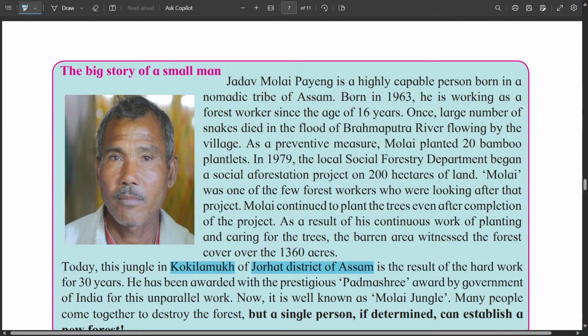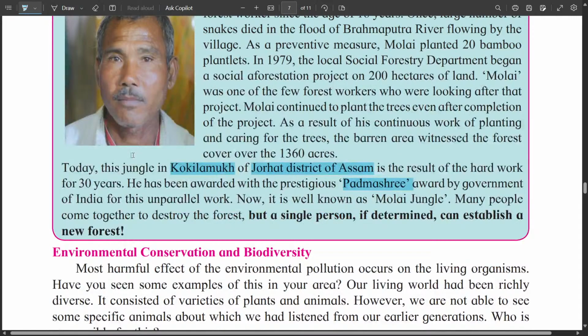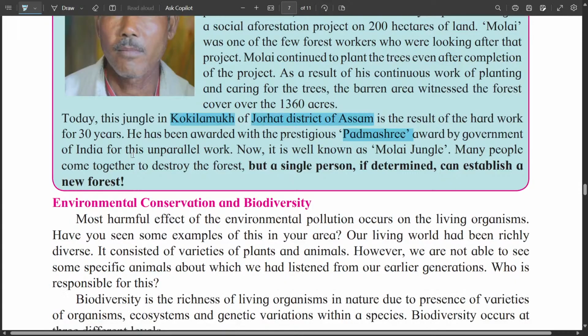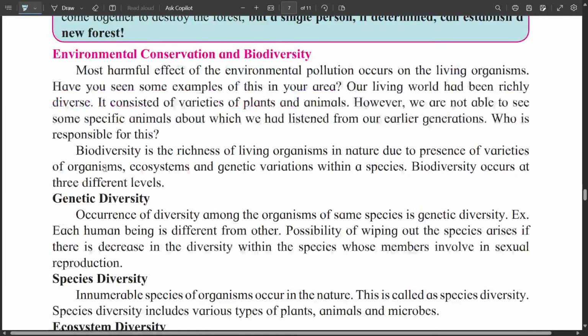He has been awarded the prestigious Padma Shri Award for his unparalleled work. Now it is well known as the Molai jungle. Many people come together to destroy forests, but a single person, if determined, can establish a new forest.